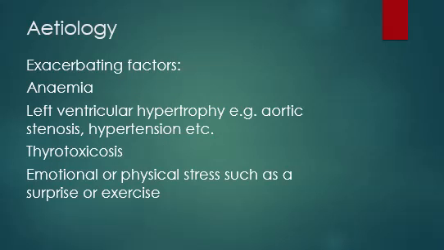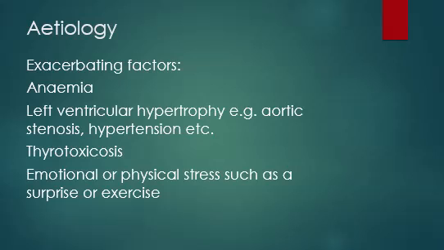So several factors can make stable angina worse. If you think about what causes stable angina, like I said, an oxygen demand mismatch, basically where the myocytes aren't getting the oxygen they need.